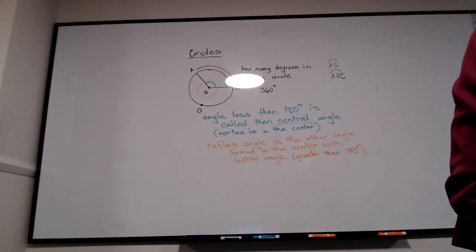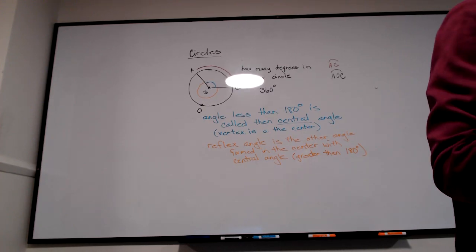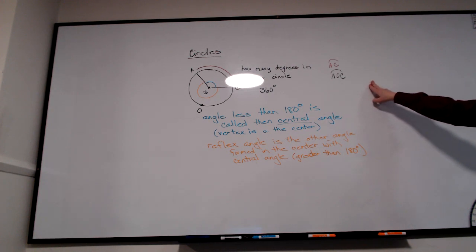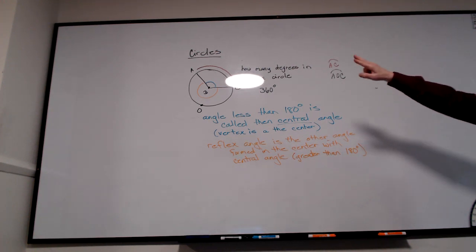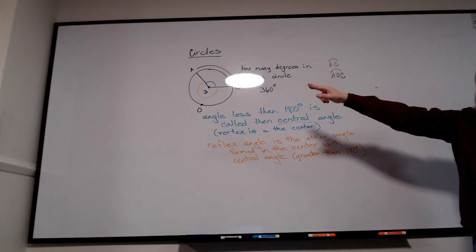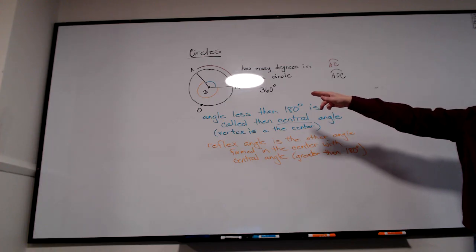So when we're looking at these, we have to know that these two arcs, a major arc and a minor arc, are going to add up to 360.